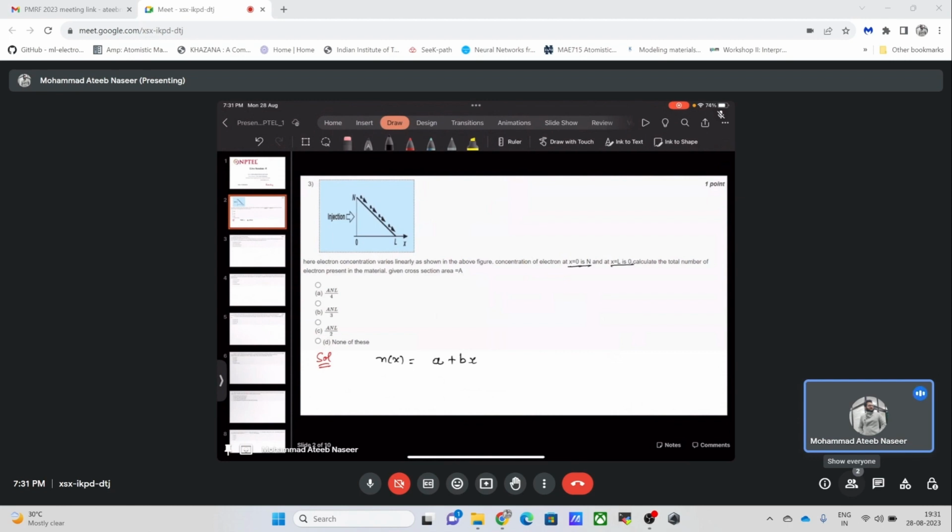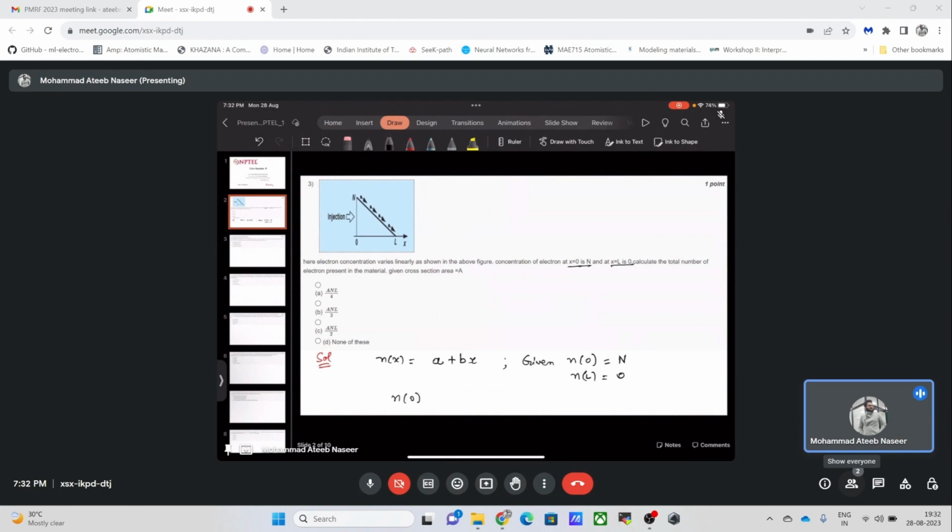We have two conditions. When x is 0, the concentration is n, and when x is L, the concentration is 0. So let's use the first condition.